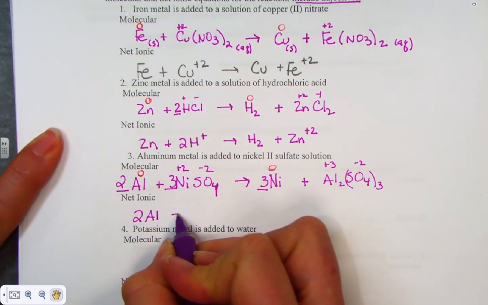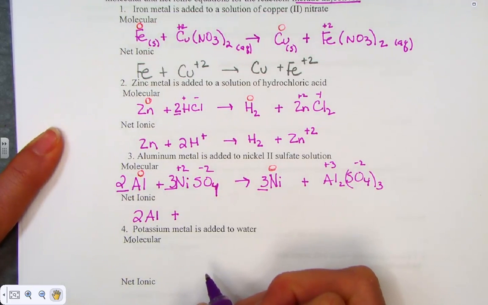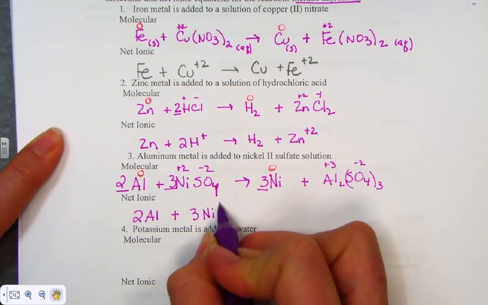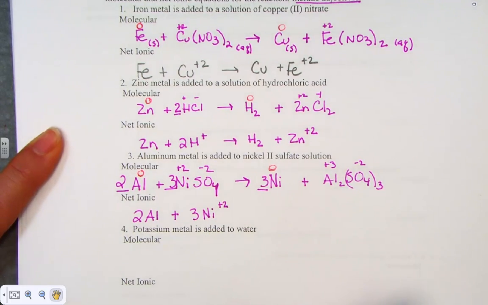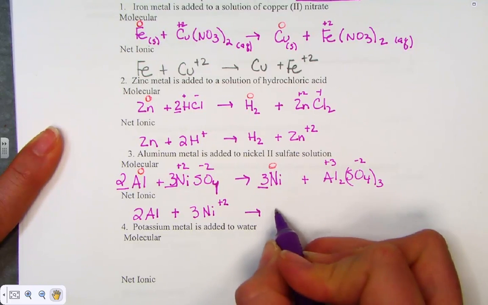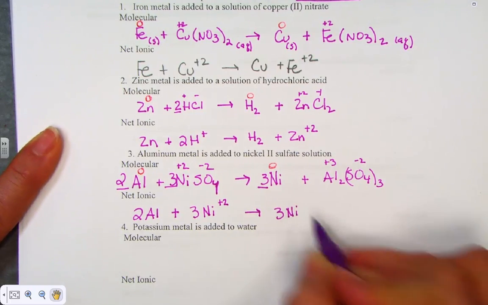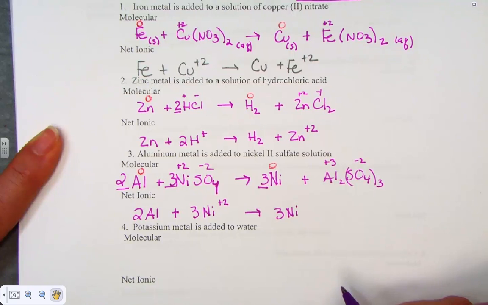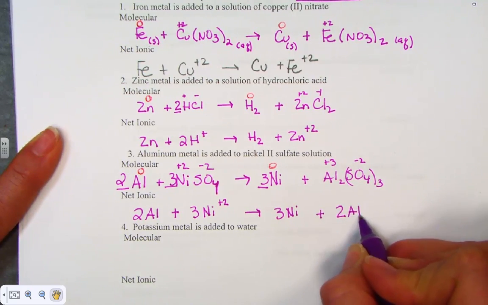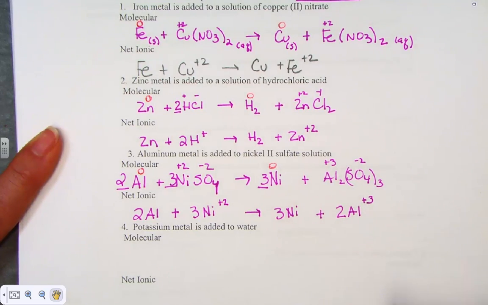2 aluminums, no charge, these are metal atoms, with 3 aqueous ions of nickel at a +2 charge, forming 3 nickel atoms in a solid form plus 2 aluminums each at a +3.